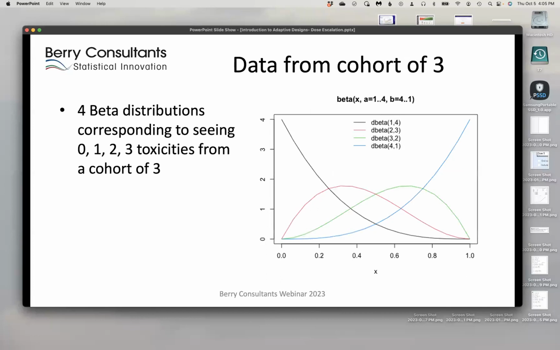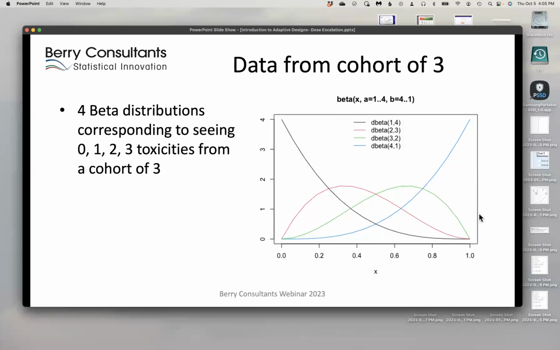And the important thing to consider in dose escalation is just how little information we're basing our decisions on. So for instance, if we've treated a cohort of 3, we might see 0, 1, 2, or 3 toxicities after we've waited the allotted time and have to make a decision based on that.